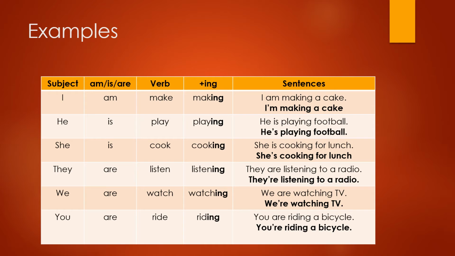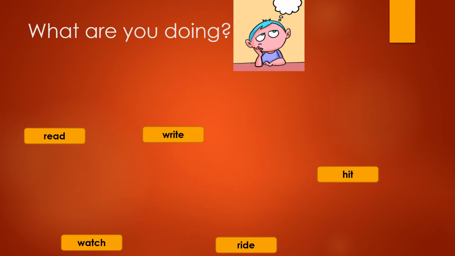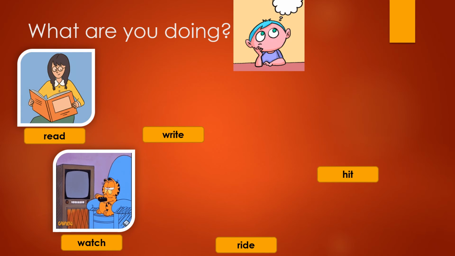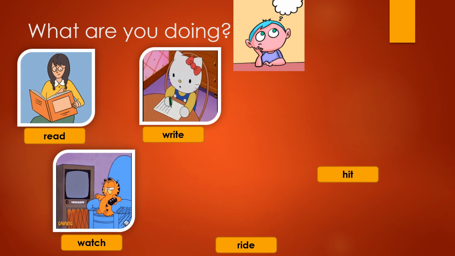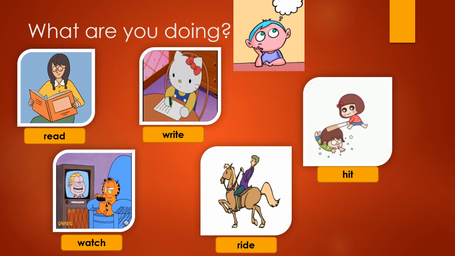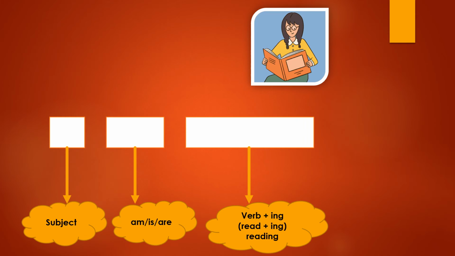So I will show you more examples. Let's look at the slide. What are you doing? This is a list of verbs. First, read. Next, watch. Next, write. And hit. How do we make a sentence using these verbs, using the present continuous tense?